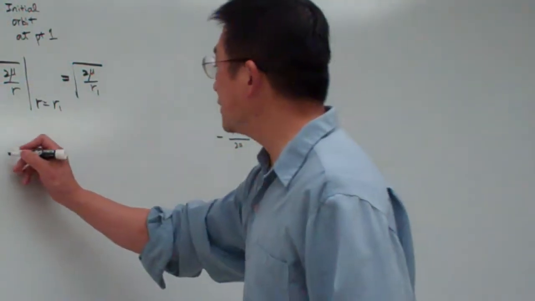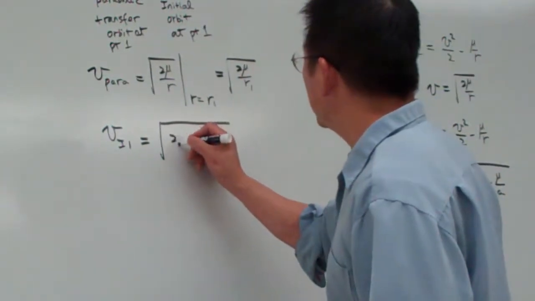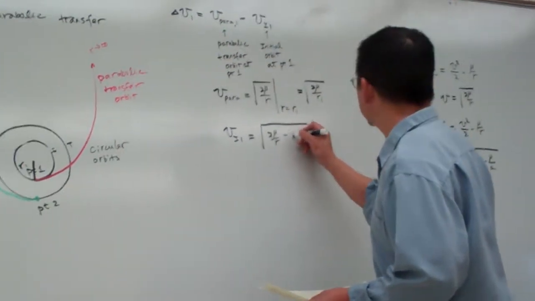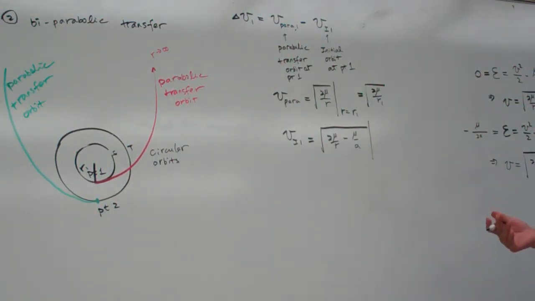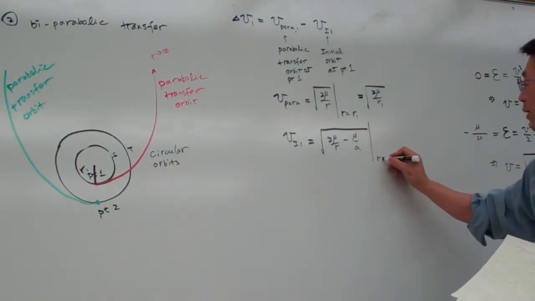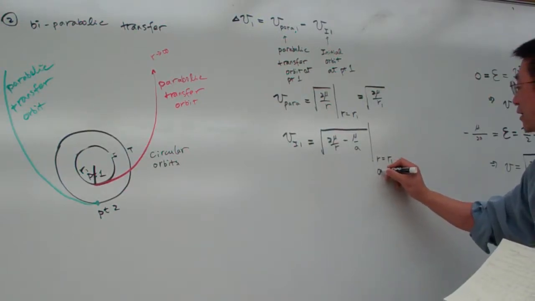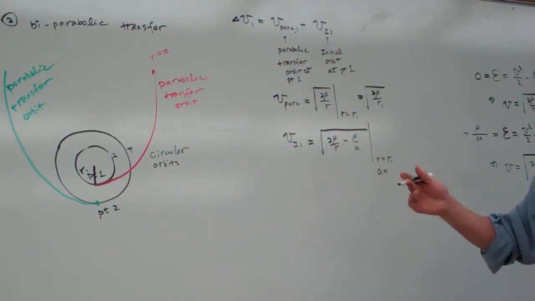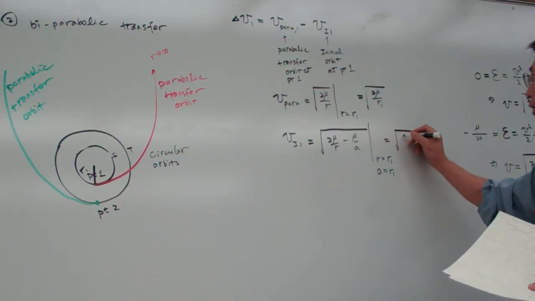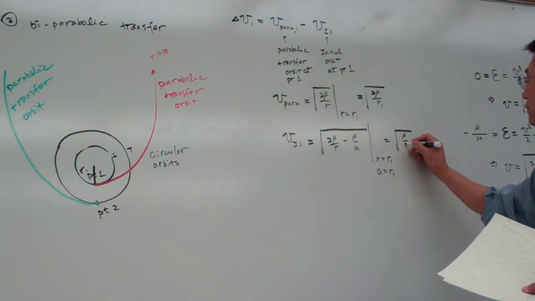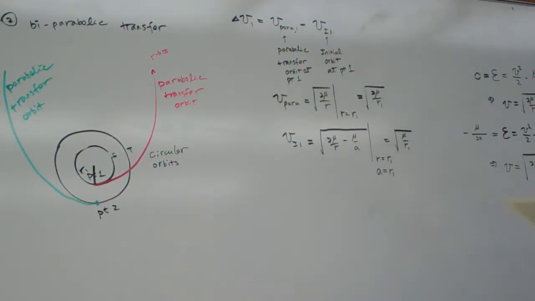Okay, so plug in there. We have 2 mu over R minus mu over a. For the initial, which is a circular orbit, at point 1, R equals R1, and a is the radius, so it's R1. So from here, this equals mu over R1.